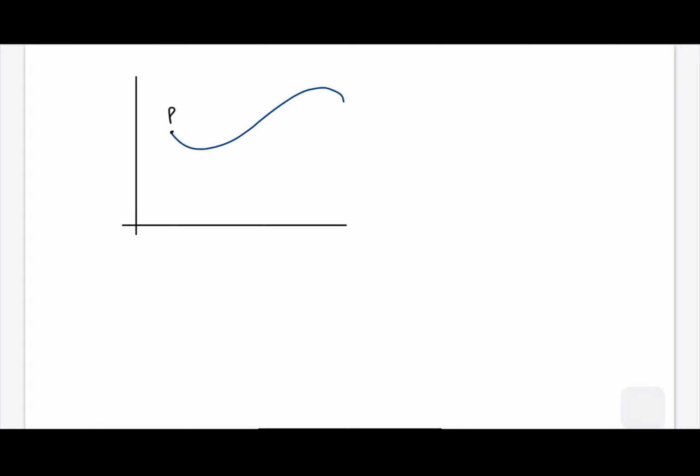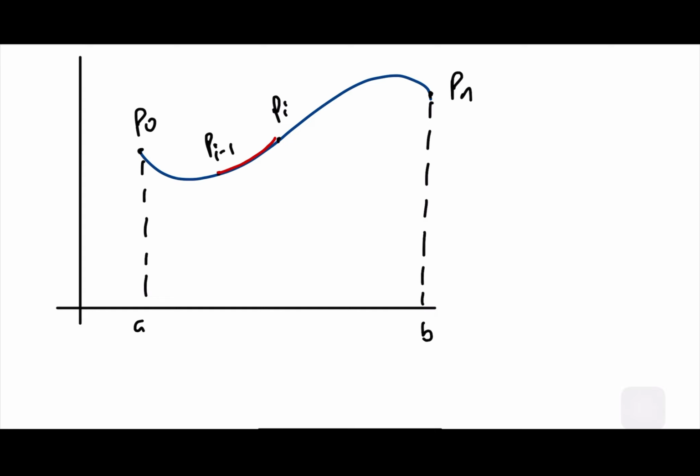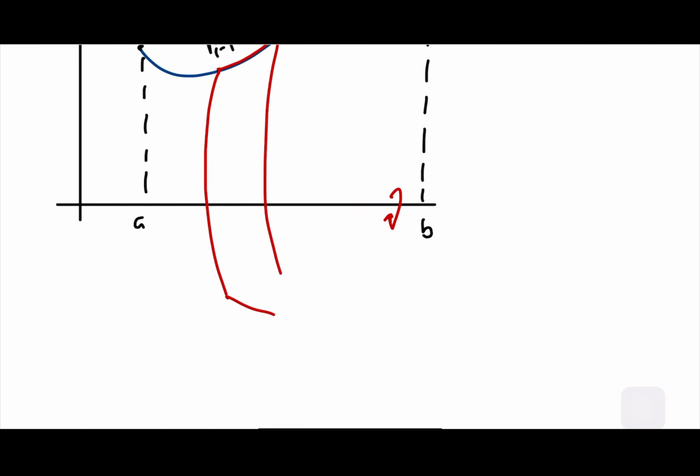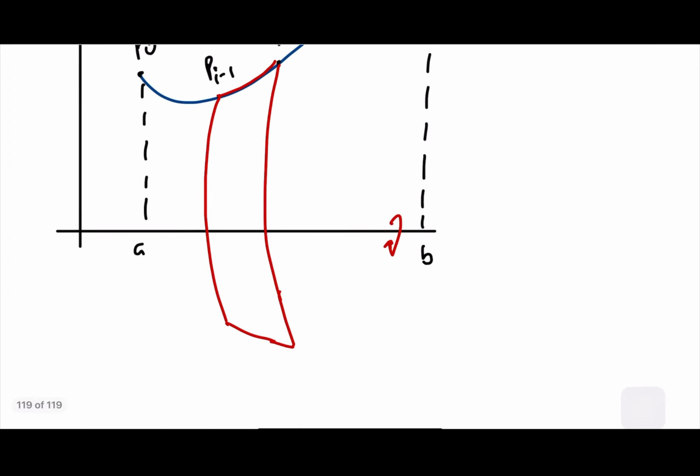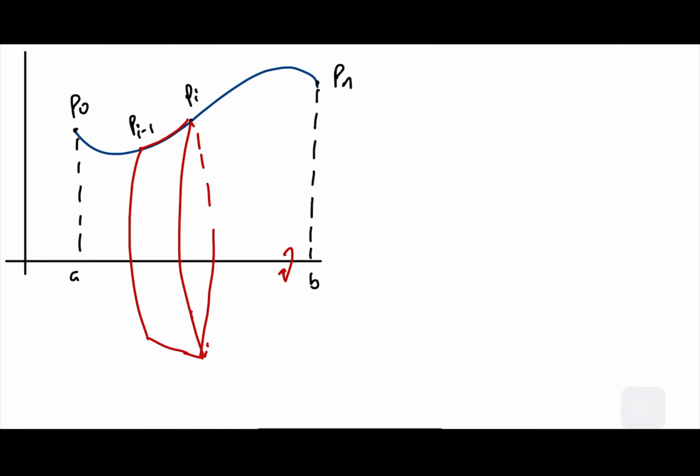Let's say this is P0, Pn from a to b like usual. And let's say in the middle we have P(i minus 1), Pi, and we draw the curve that is having rotations here, and we have L about that part.